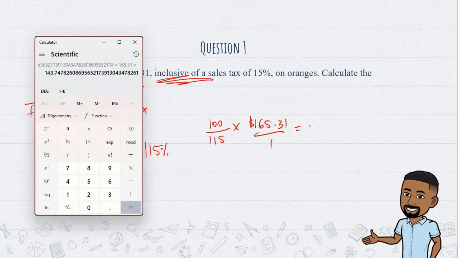Alright, that's the answer. So we're gonna run it out to two decimal places. So it's 143.74, and then since it's a 7 behind the 4, we add a 1 to it. So it's $143.75. Alright, so that's the answer for this question. This would be the original amount before sales tax.